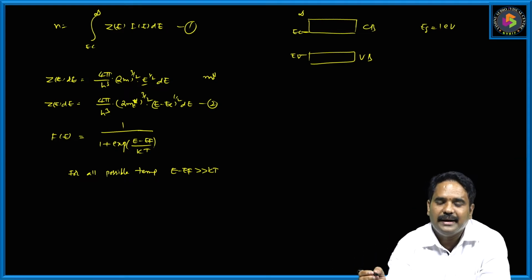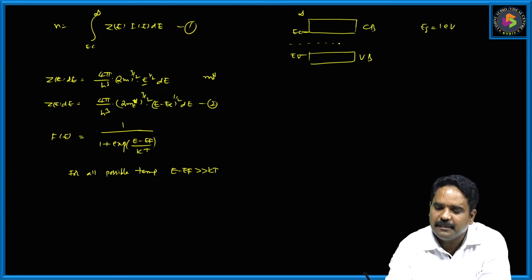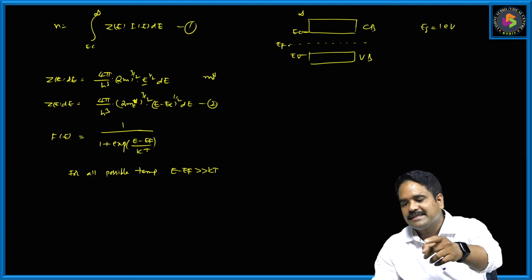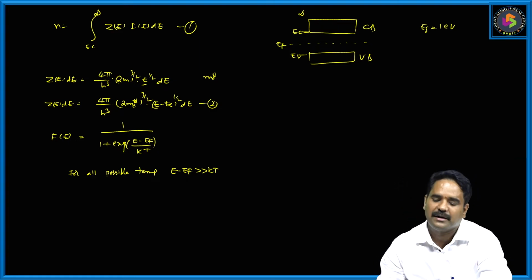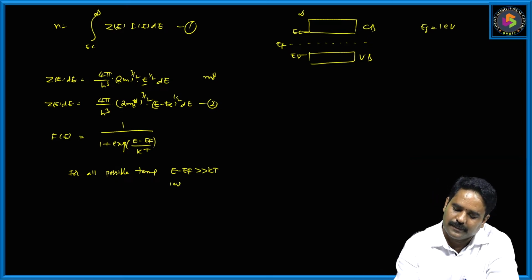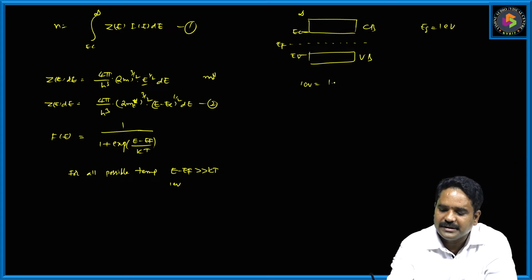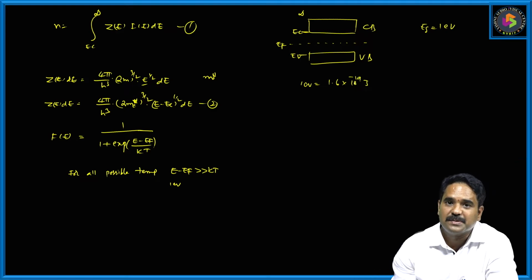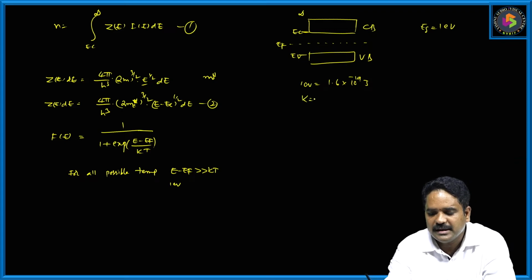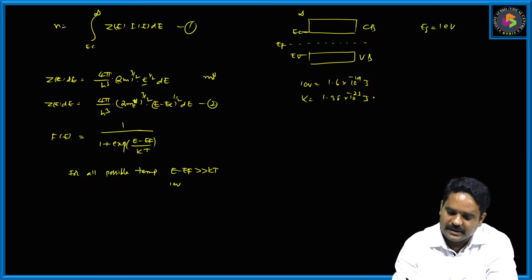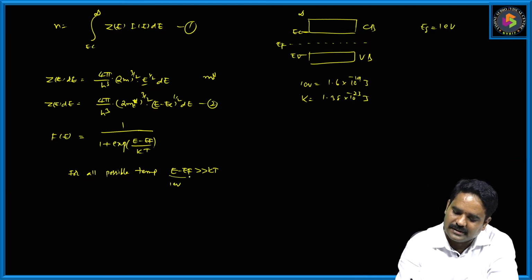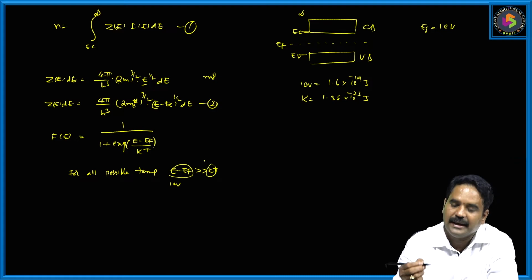And most importantly, in intrinsic semiconductor, the Fermi level exists at the middle of conduction band and valence band, which means the E minus Ef is always less than 0.5 electron volt. Let us take 1 electron volt. E minus Ef is equals to 1 electron volt is equals to 1.6 into 10 to the power of minus 19 joules. But on the right hand side, we have a Boltzmann's constant. Boltzmann's constant value k is equals to 1.38 into 10 to the power of minus 23 joule. Means for all possible temperature, this E minus Ef is much greater than kT.